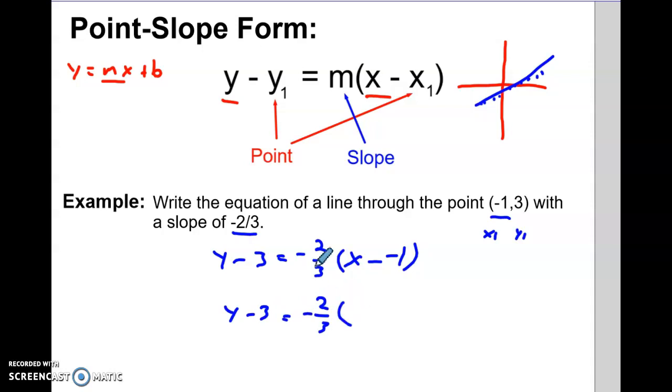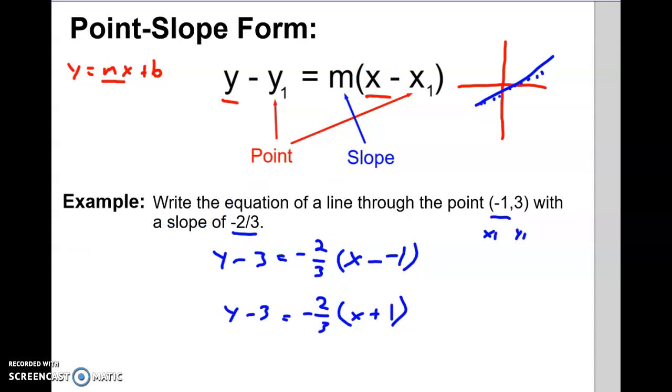As tempting as it is to want to distribute this side, you don't. But you would make the minus negative into a plus. It should be a plus 1. Sorry, I messed that up. But otherwise, you don't distribute, right? It's kind of tempting sometimes to distribute, but you're not going to distribute. Just leave it as the slope on the outside, because that's what point-slope form looks like.